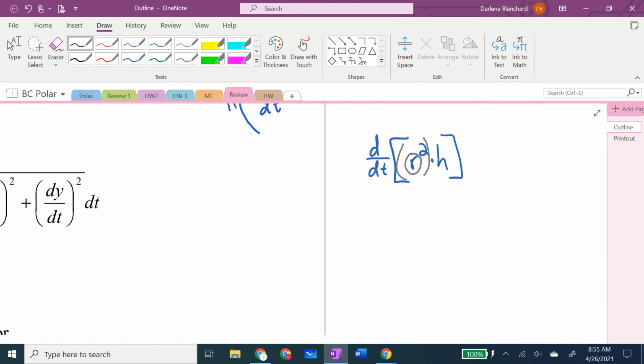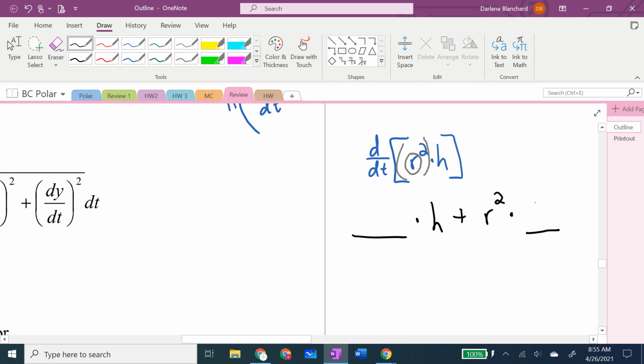You need to look at it and go, all right, the product rule is derivative times keep plus keep times derivative.